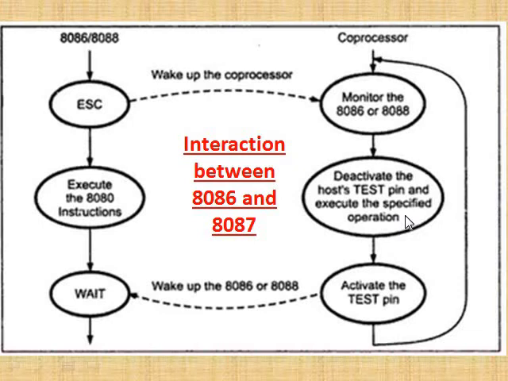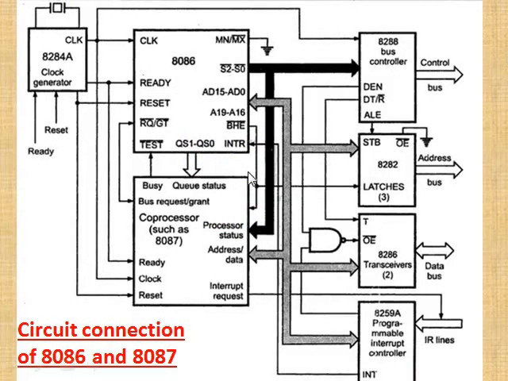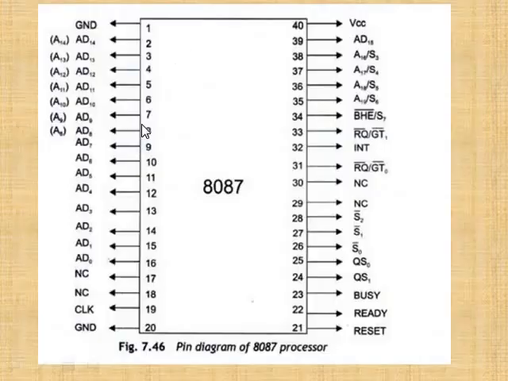In some other cases, it may require more data to be fetched from the memory. At that time, the coprocessor takes the control of the system buses, which we can see clearly in the previous slide. The coprocessor sends a request signal to the pin RQ/GT to take the control of the system buses, that is the data bus and address bus, which is always sent through the pin RQ/GT0.